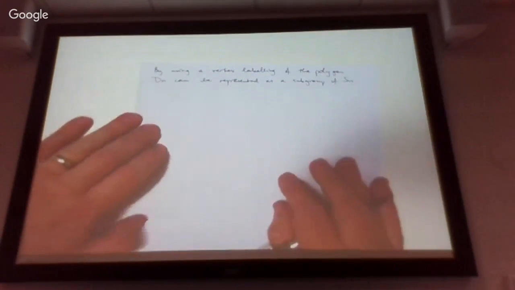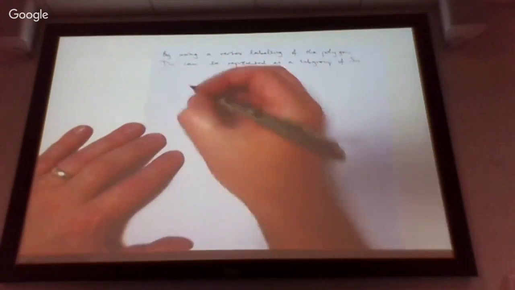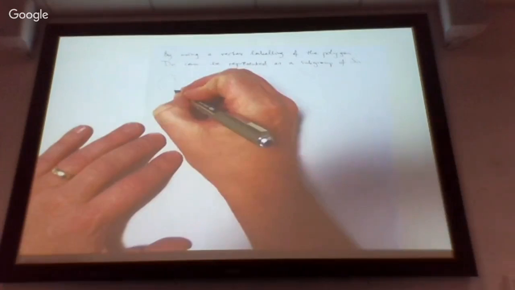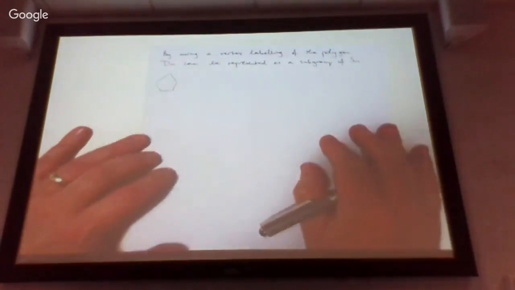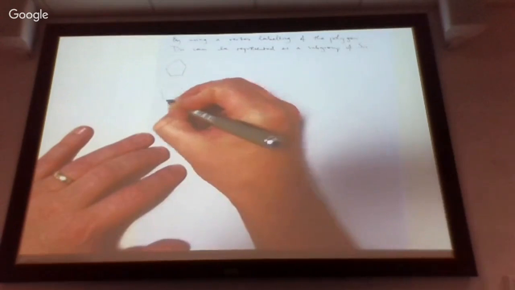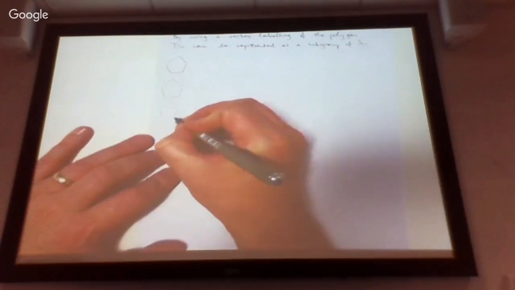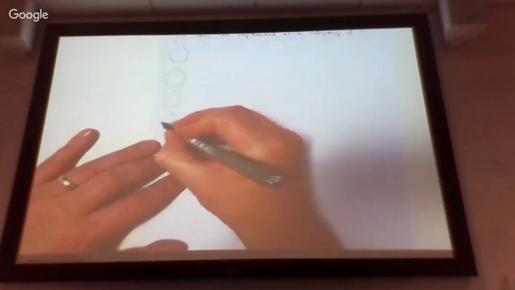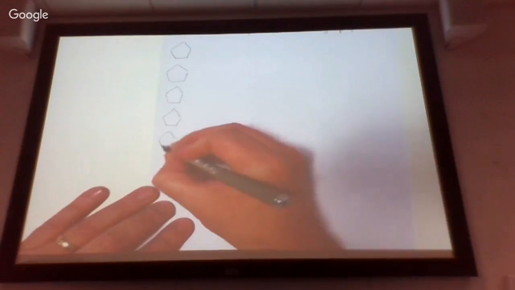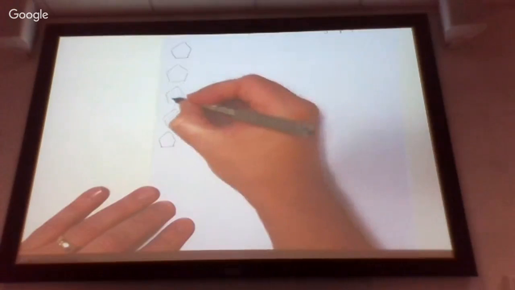So let's quickly, D5 isn't too complicated, there's only 10 elements. Can we really quickly draw 10 pentagons? If I'd been prepared, I'd have a lovely printed sheet with nice regular pentagons. 1, 2, 3, 4, 5.